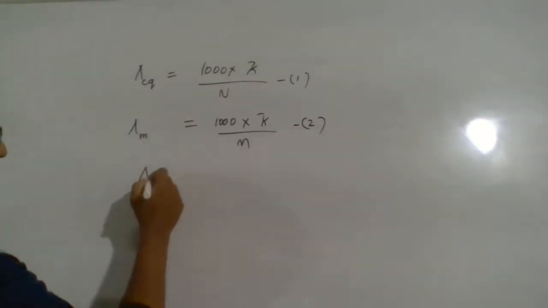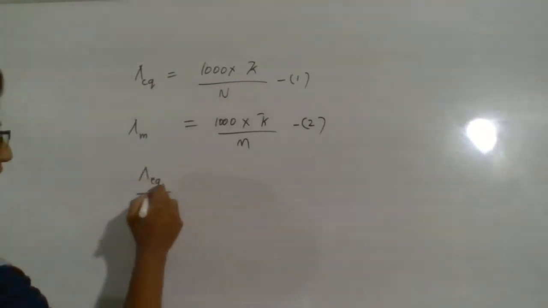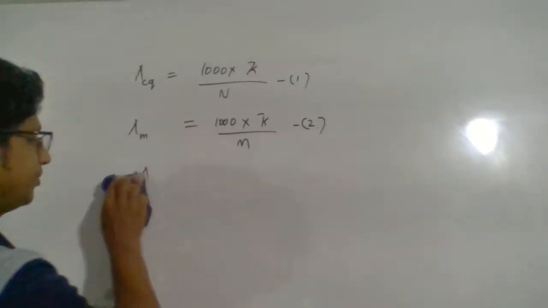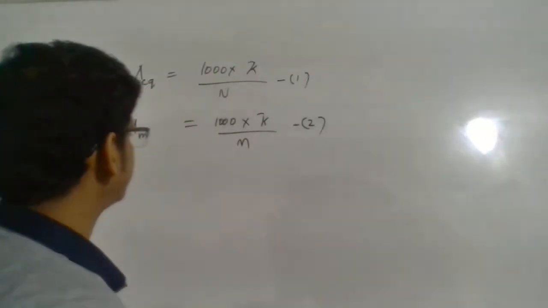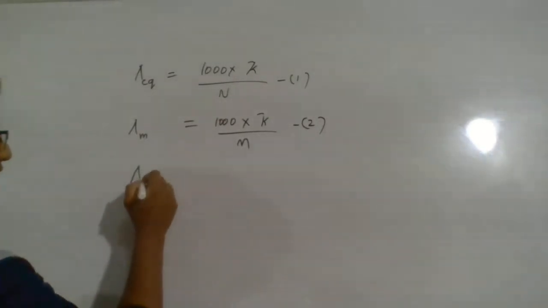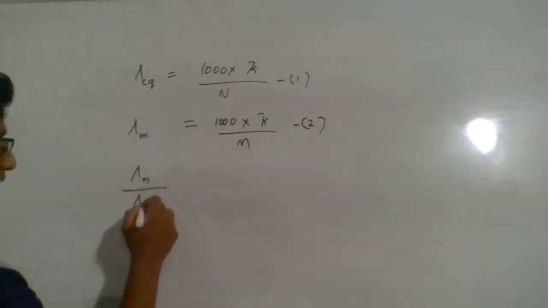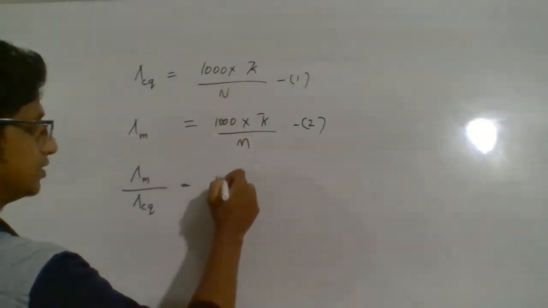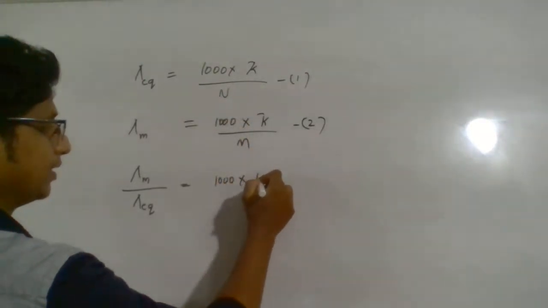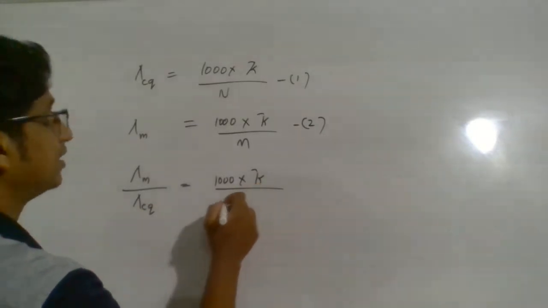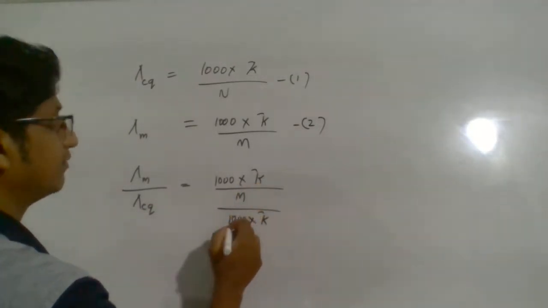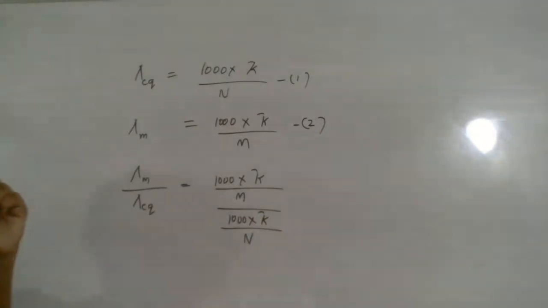Let us do it the other way, because priority I am giving to molar conductivity. Lambda m divided by lambda equivalent is equal to 1000 into kappa divided by molarity, divided by 1000 into kappa divided by normality.